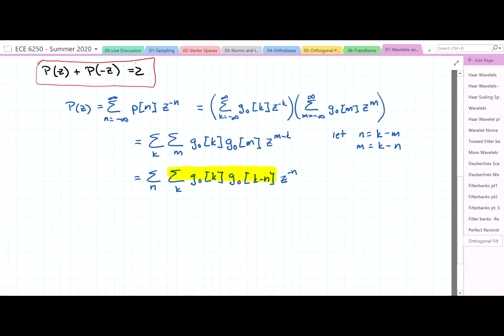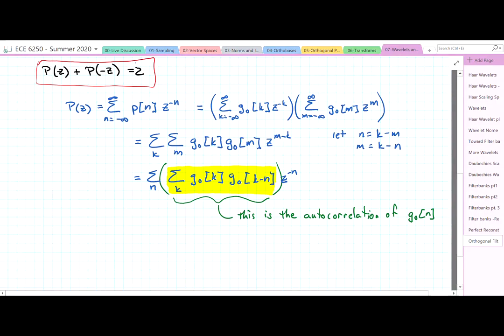This right here, I'll put parentheses around it, is just the autocorrelation function of G naught of N. So this is our special function, and that is also equal to RP.